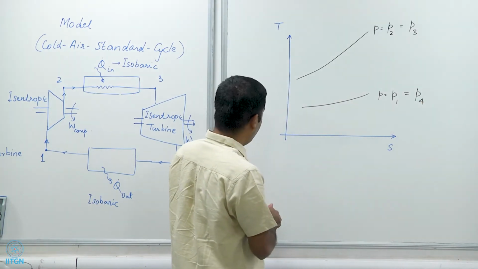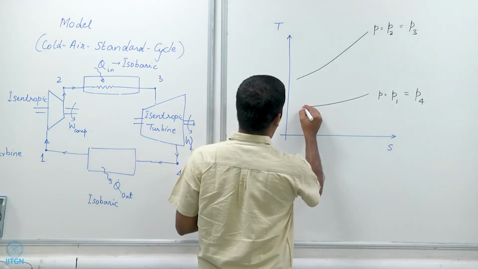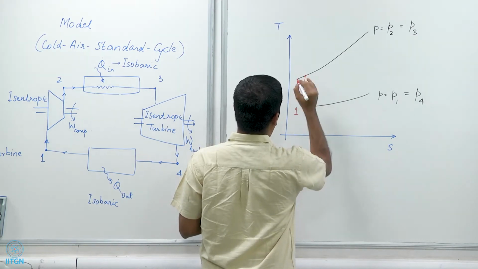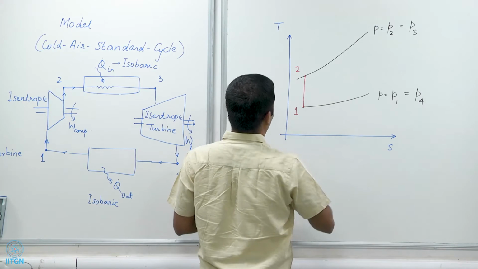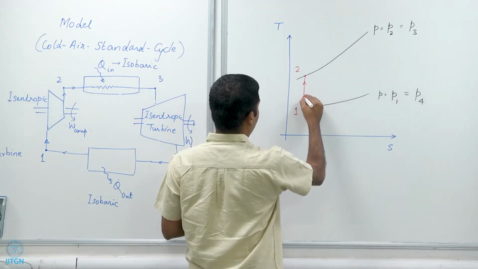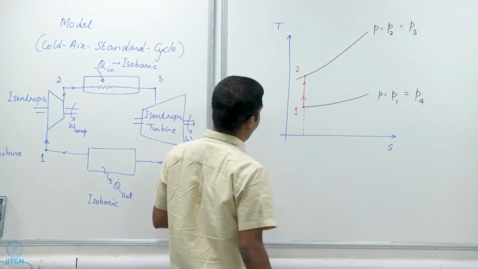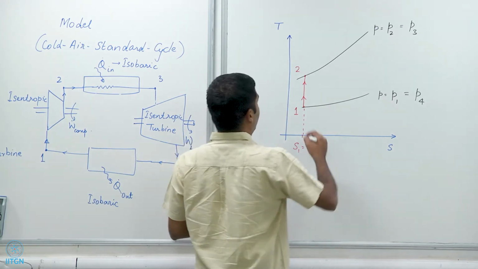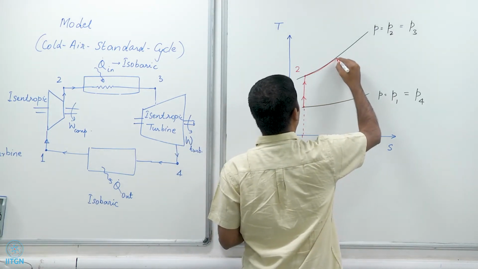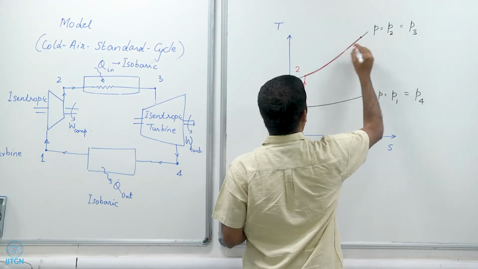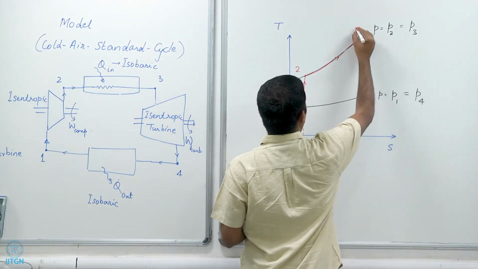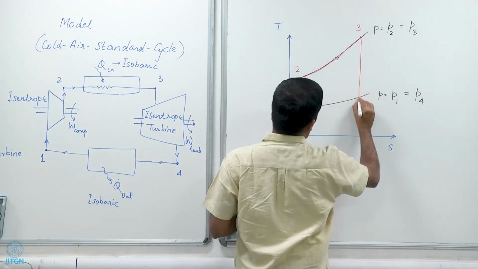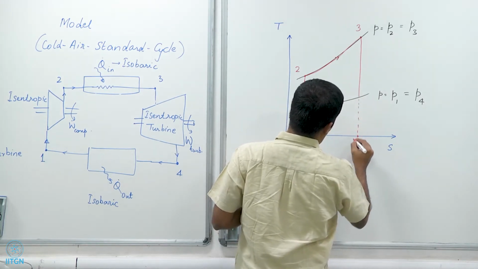The compression process begins at, let us say, state 1, and the air is compressed to state 2 in an isentropic compressor, such that the entropy does not change. So, this is S1 equal to S2, and then there is an isobaric heat addition to reach state 3, and then there is an isentropic expansion such that the entropy does not change again.